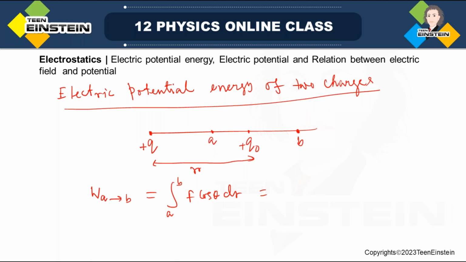So what is the force here? First of all, the force is the Coulomb force. You know what it is: q0 Q by 4 pi epsilon naught r squared. This is the force here.